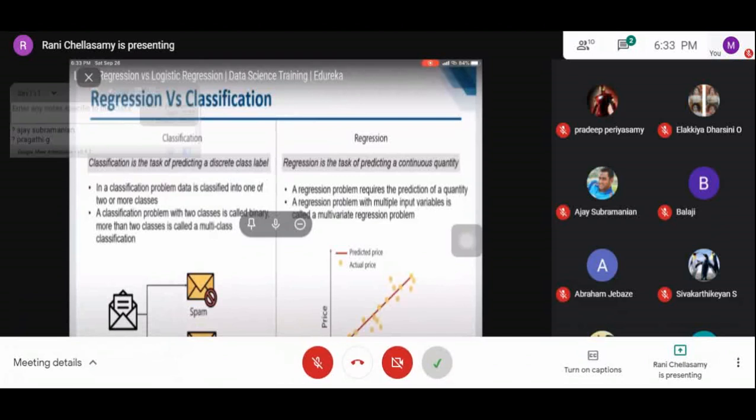Coming to the regression part, it is the task of predicting a continuous quantity. What is meant by a continuous quantity? It is basically a continuous variable, a variable that has an infinite number of possibilities. For example, take a person's weight.